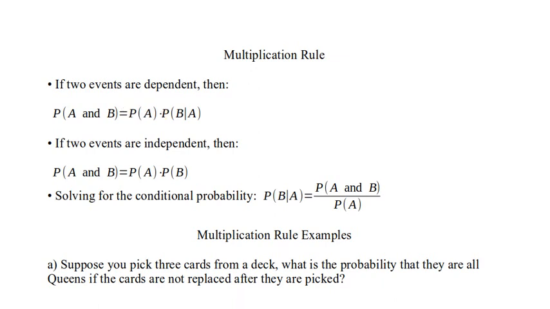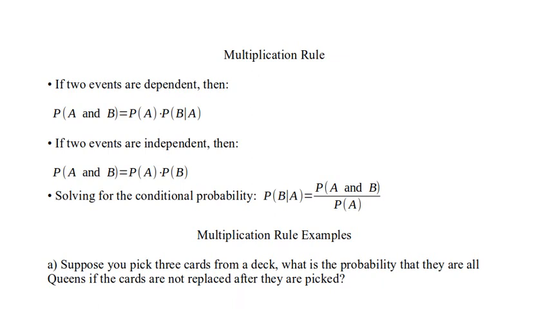Multiplication is undone with division. So if I divide both sides by the probability of A, I can get the probability of B given A by itself. So a little algebra there, and from it we've gotten a result that tells us a formula for conditional probabilities.